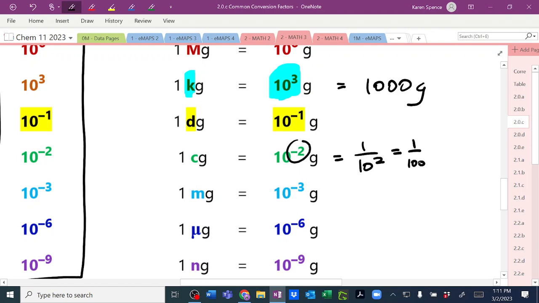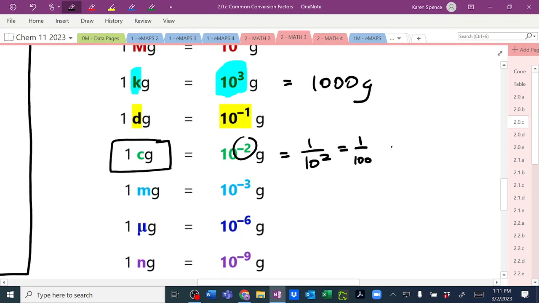So 1 centigram is equal to 1/100th of a gram. That's what those powers of 10 actually mean. And I could even write that in decimal form. I could write that as 0.01 grams is equal to 1 centigram.